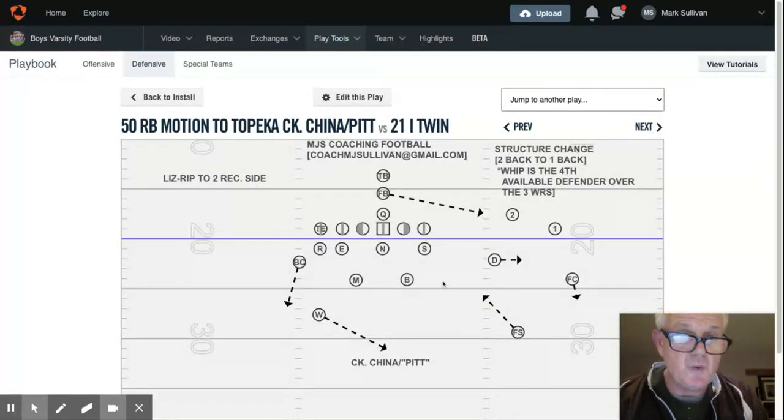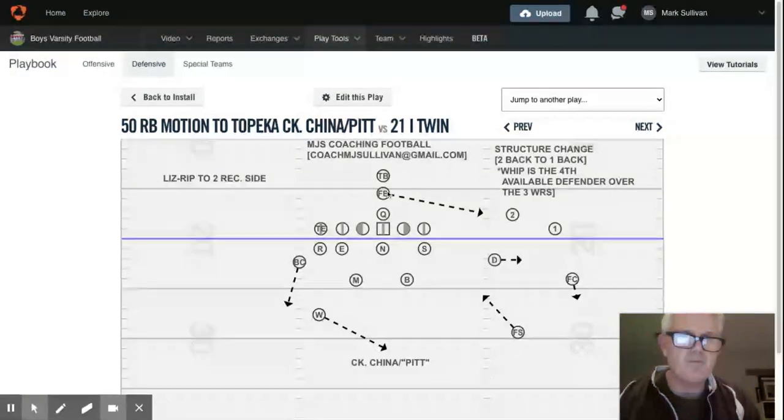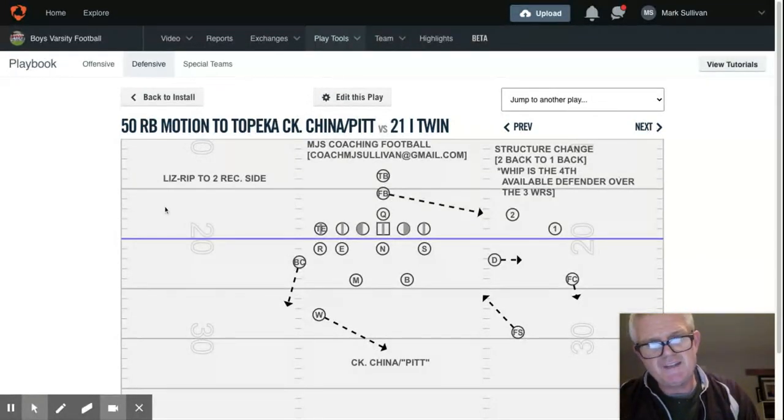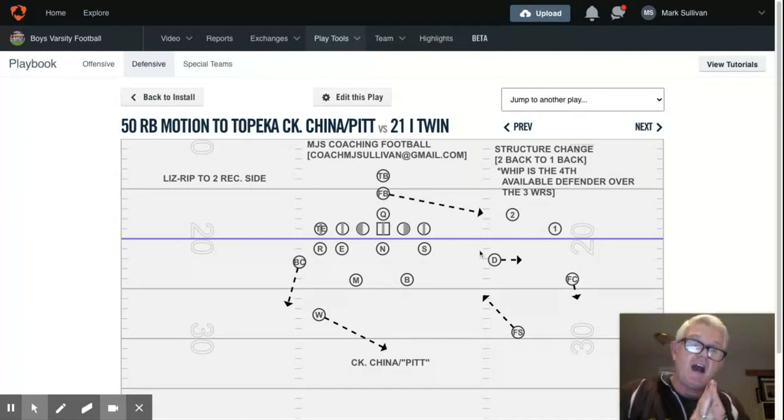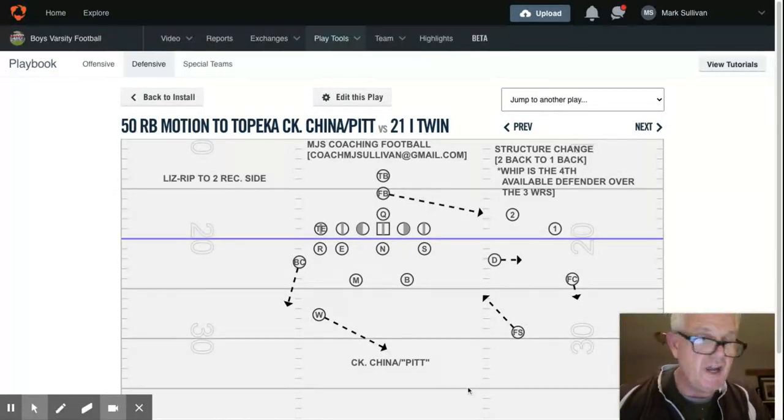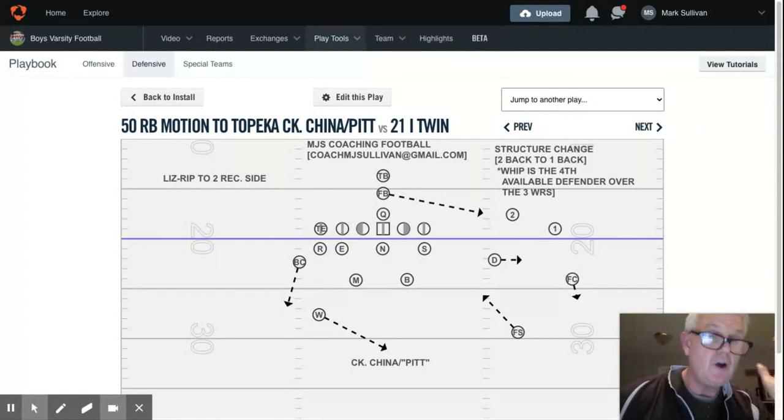Now back to 21 personnel. We had a brewing to the tight end side and twin. Now we're going to go brewing to the two receiver side, which again, our automatic, built-in adjustment, is China Pit. As you see, when it's brewing and it brings us to 3 wide receivers on the pass strength, it's China Pit.